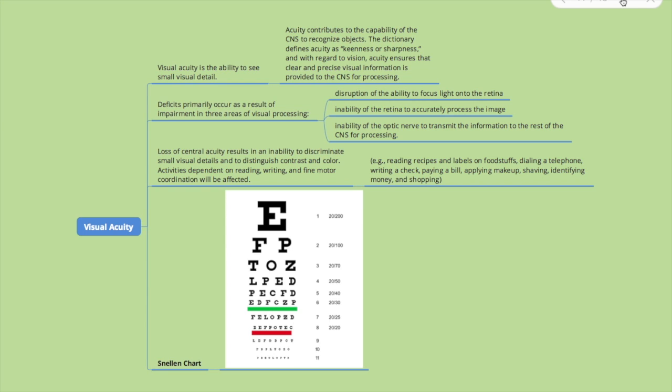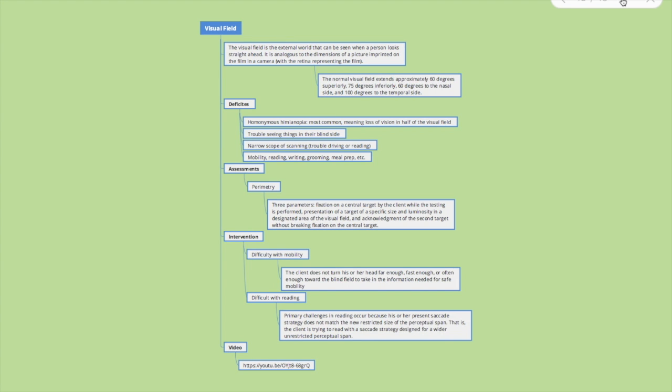Whenever you have central acuity issues, there's an inability to discriminate small visual details. You'll see problems with reading recipes, paying a bill, shopping, writing a check, or even applying makeup. The test can be done using the Snellen chart.